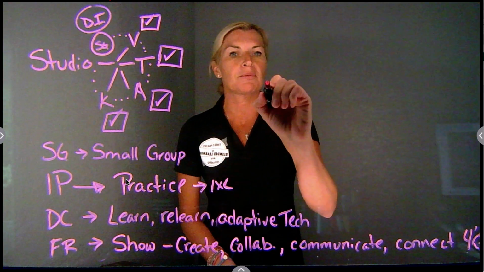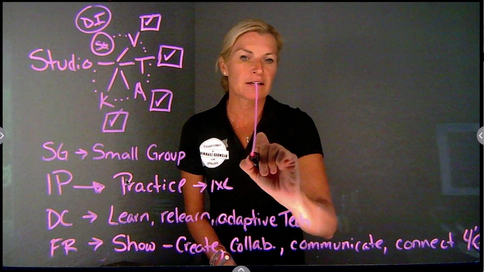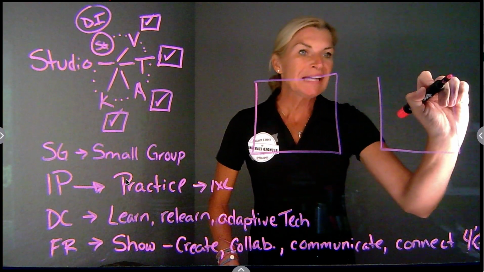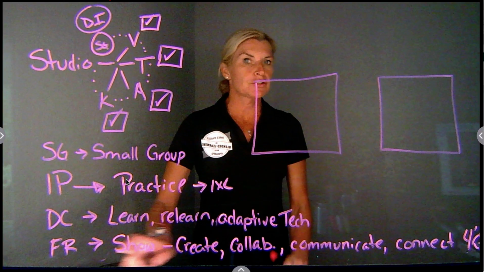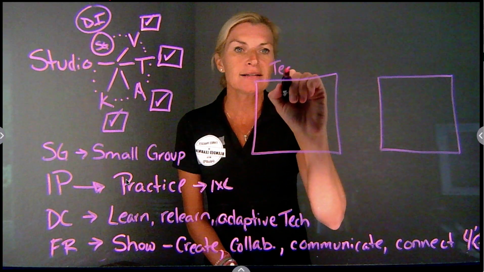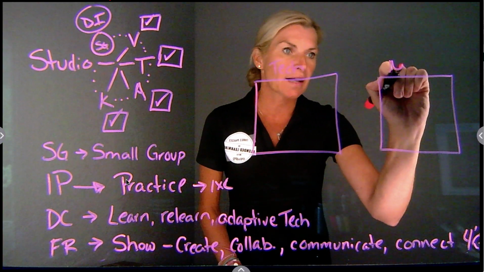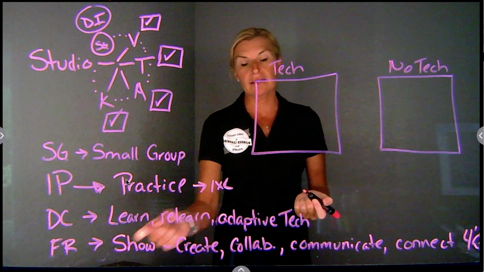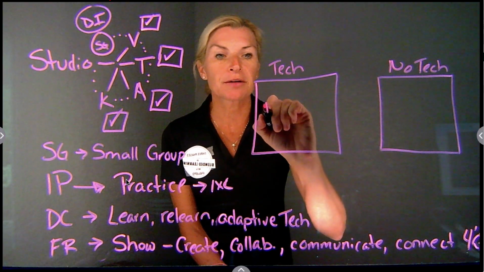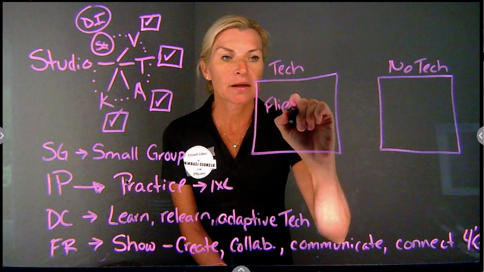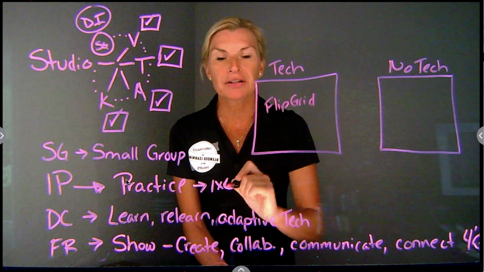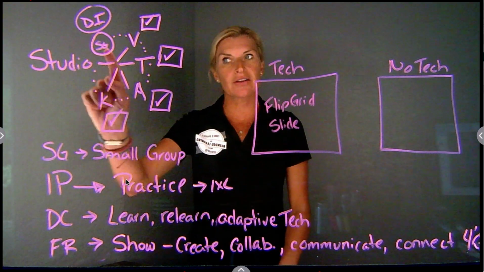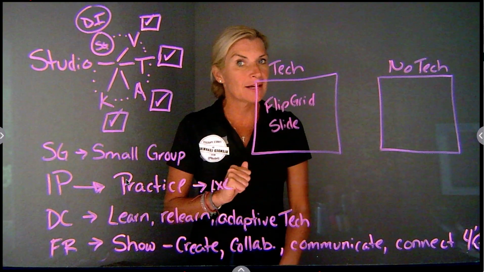Let's give you some examples. And I'm going to do, again, 2 different viewpoints. All right? You can use technology for Future Ready. So we're going to say tech ideas and no tech. So ideas for technology would be Flipgrid. They're going to create a Google slide where they're showcasing their understanding of the concepts that are going along with your lesson.